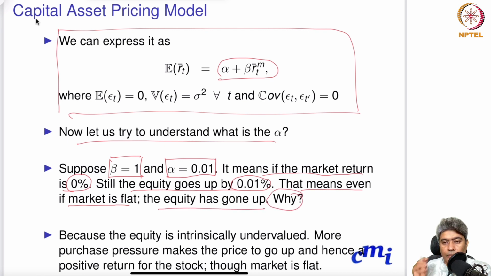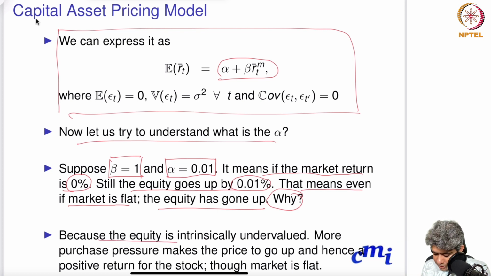Why? Just pause the video and think about it. Why will it happen? If the market is flat, that means market return is 0, the market does not go up, but equity goes up. Why?